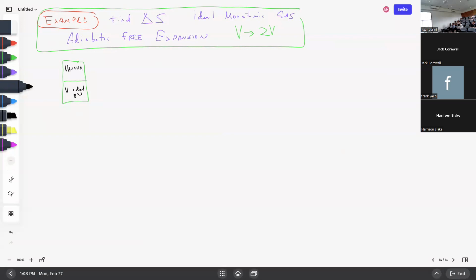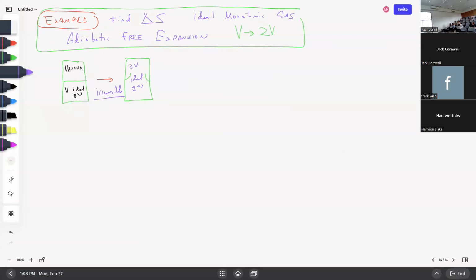And then I go and rupture the boundary. And I get ideal gas. Okay, so the process is completely irreversible. Just smash it.